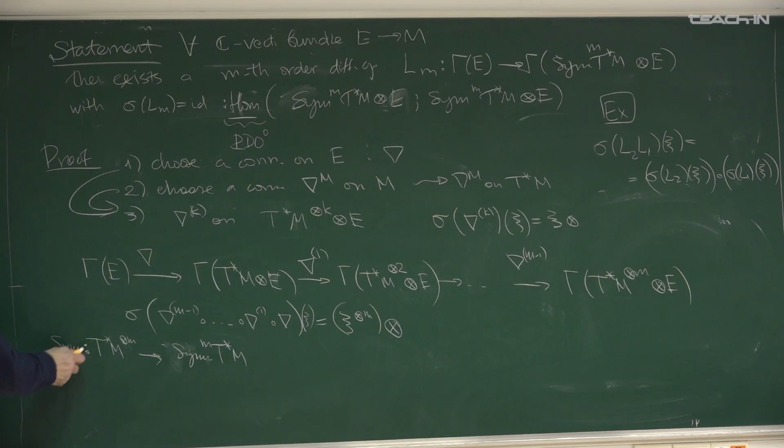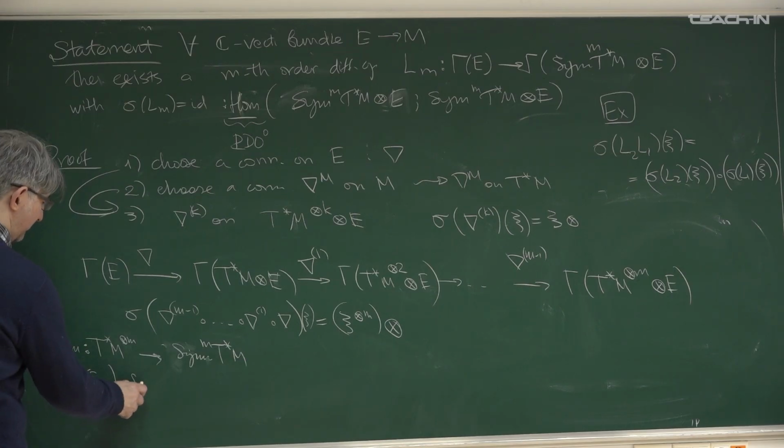You take section and you symmetrize it, it's just linear operator, just projector. Very good. So symbol of this guy is which one? It does nothing because there is no differentiation. It coincides with symbol itself.